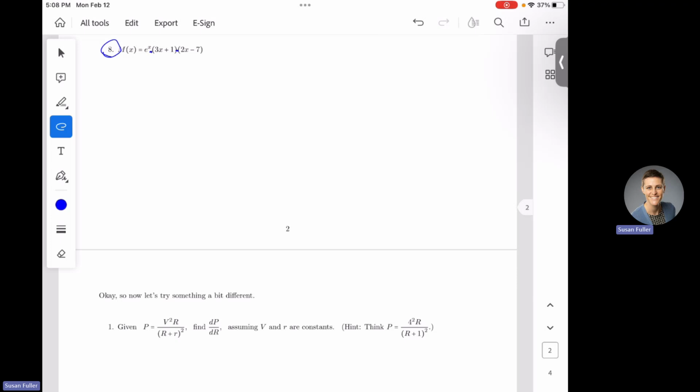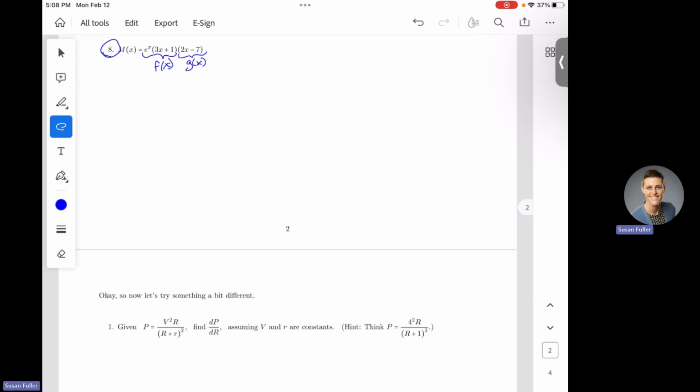Now you're going to have to decide which is your f, your first function, and which is your g, your second function. And it's really up to you. You can decide how you want to do this. The way that I'm going to do this today is that I'm going to take these first two together and call that my f of x, and I'm going to take the second one as my g.